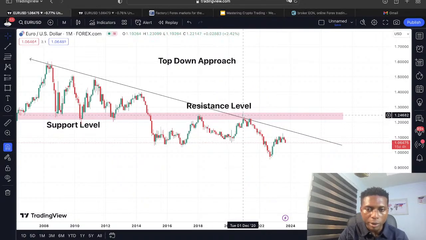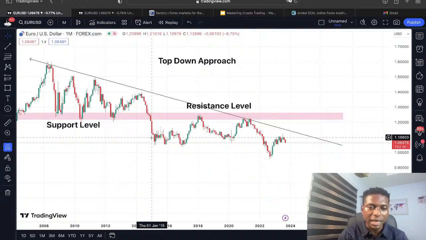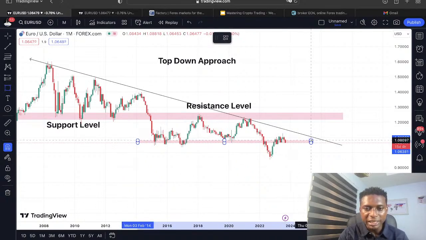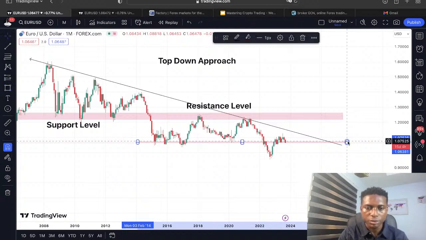Market came down, went up again, retested the level, couldn't hold. Don't forget, as the market came down, it also created a support zone here. So this on the other hand is another support zone to watch.